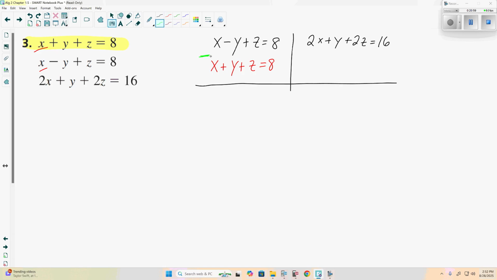Since the signs are the same, we're going to subtract. x minus x is 0, y minus y is negative 2y, z minus z is 0, 8 minus 8 is 0. Well, at this point here, we can just go on and solve for y. y equals 0.